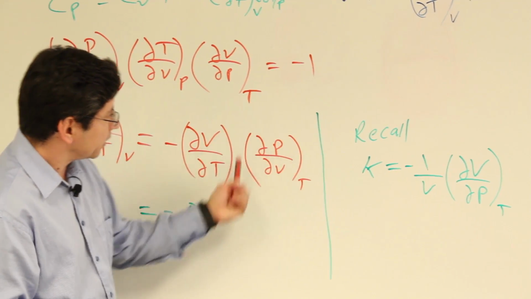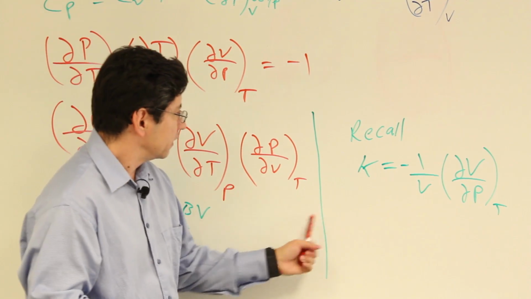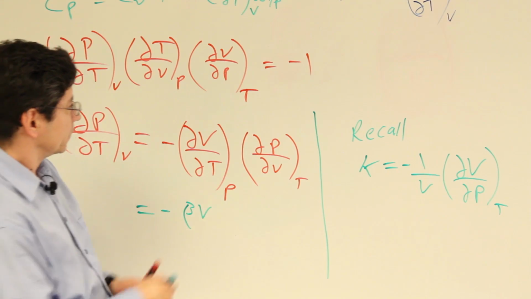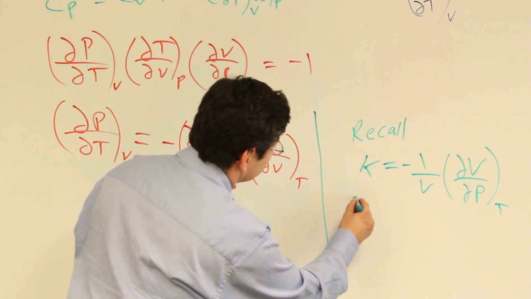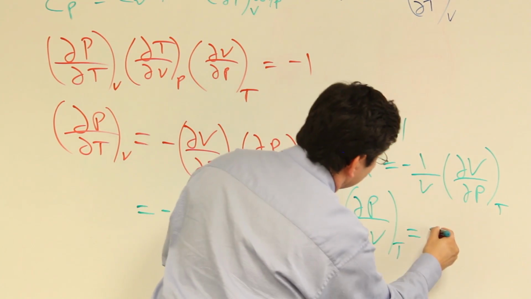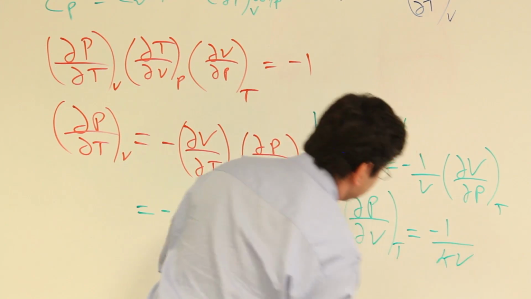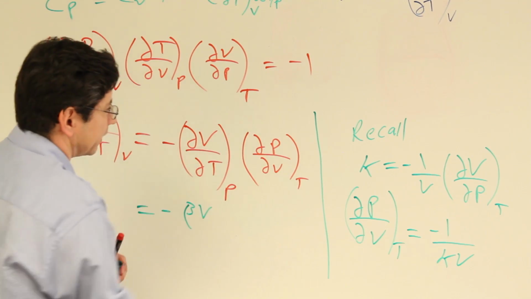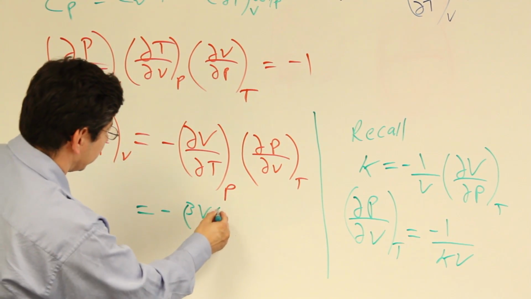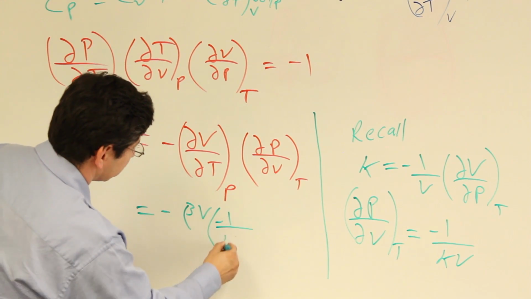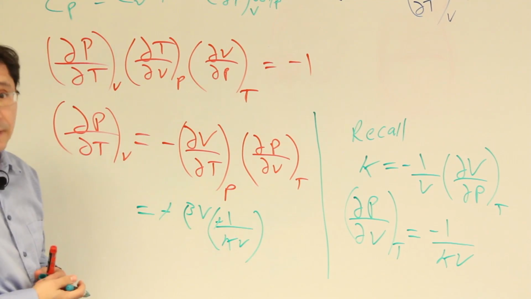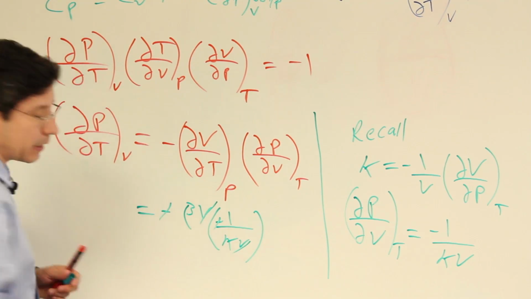So this term here, dP/dV, is nothing more than minus 1 over kappa V. If I move this to the other side, then you will have dP/dV at constant temperature equal minus 1 over kappa V. So instead of having this dP/dV, I can multiply by minus 1 over kappa V. The minus with the minus will cancel, volume with volume will cancel.